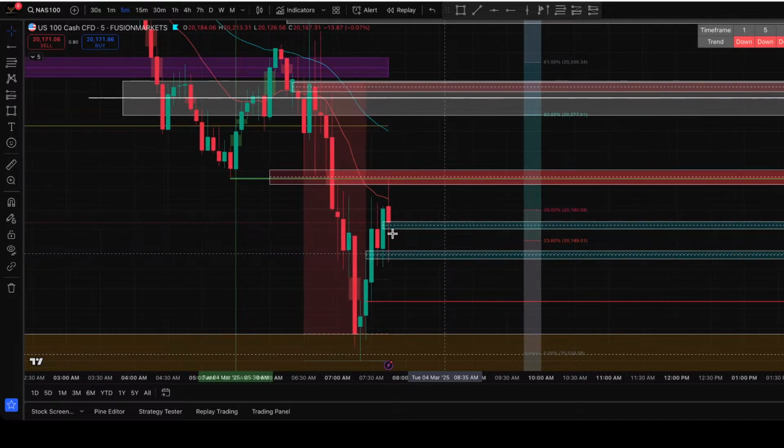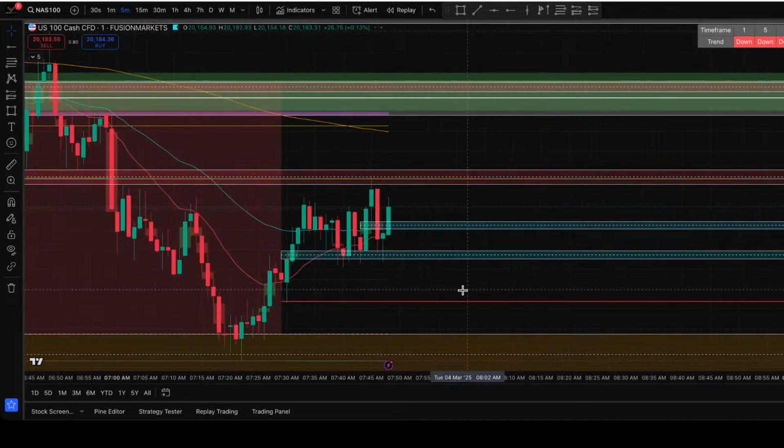So now when we get a 5M fair value gap, we want it to be below this. We want to take out the series of candles. So here's the series of candles that touched that 5M fair value gap. Essentially we want to have a candle close below this fair value gap. That will be a telltale sign that this thing wants to push down.